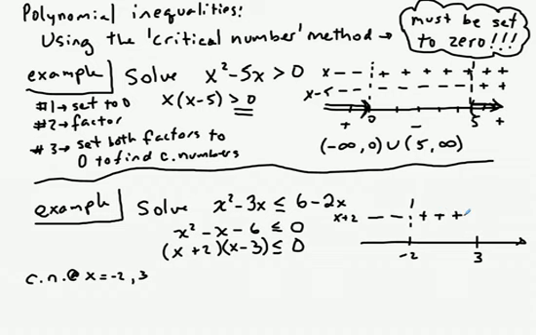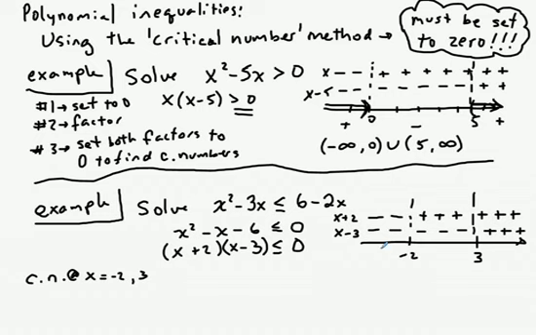And for all numbers to the right, it's a positive value. For the quantity x minus 3, all numbers to the left of +3 are going to make that factor negative, and all numbers to the right of +3, if we put in +4, for example, we're going to get a positive number as a result.